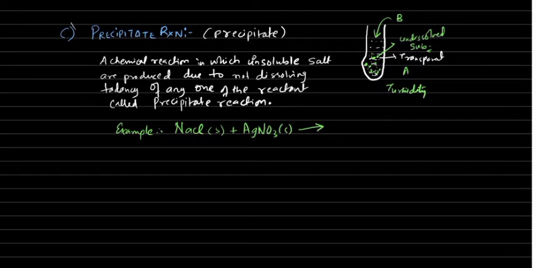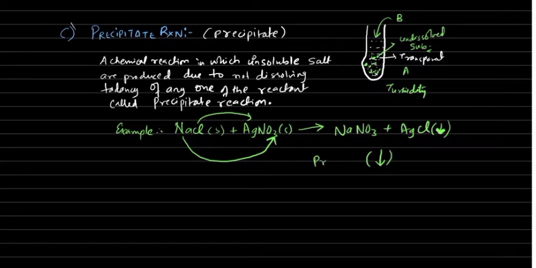This is a double displacement reaction, so Na will combine with NO3 and Cl will combine with Ag. The products will be NaNO3 plus AgCl, and this type of reaction is called a precipitate reaction. It is always shown with a downward arrow, which is the symbol of a precipitate. So all those reactions in which this symbol is shown are called precipitate reactions.